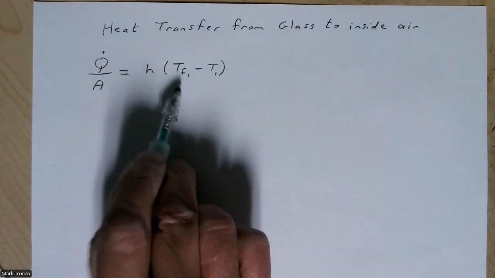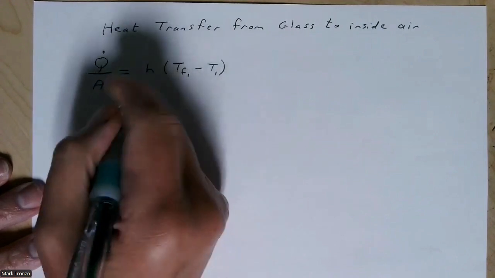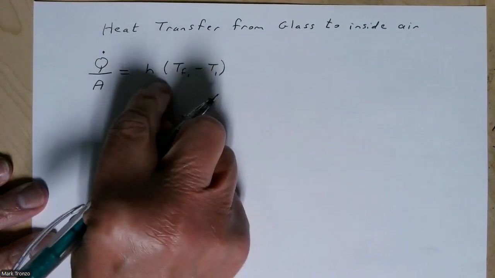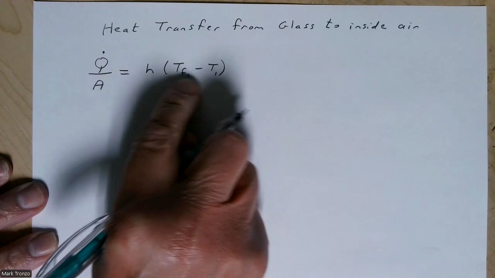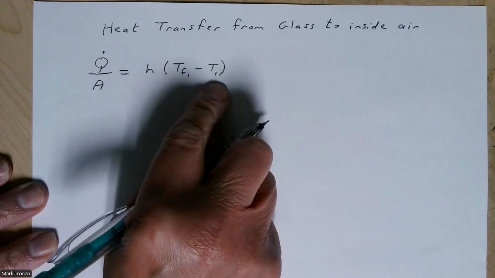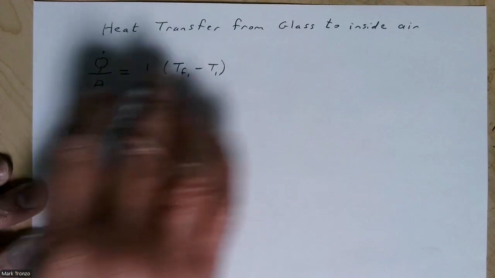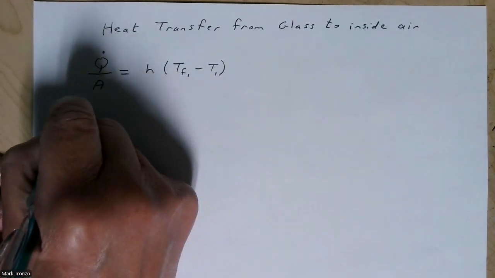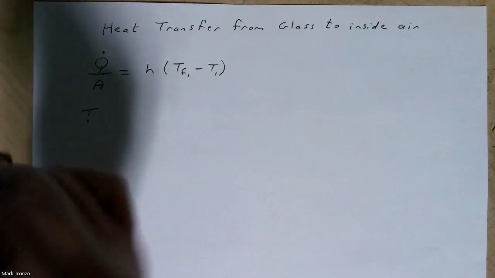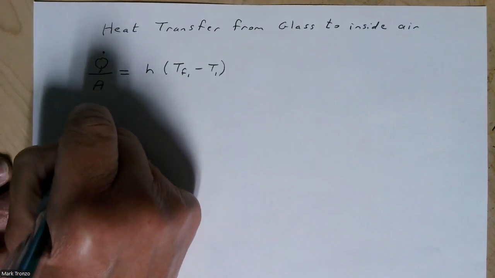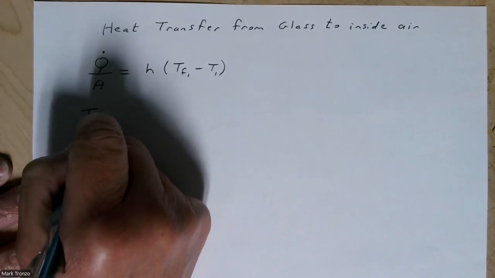And we want to find out what this TF1 is. So let's solve. I'm going to distribute that, which gives us h times each of those. Then I'm going to bring the hT1 to the other side, but then reverse the equal sign.